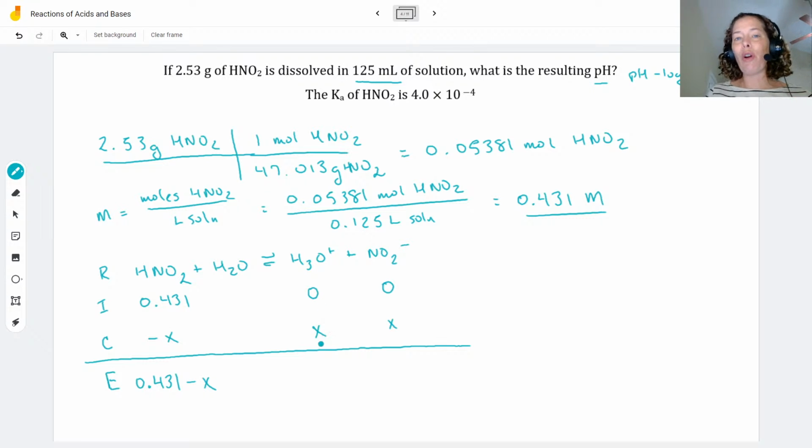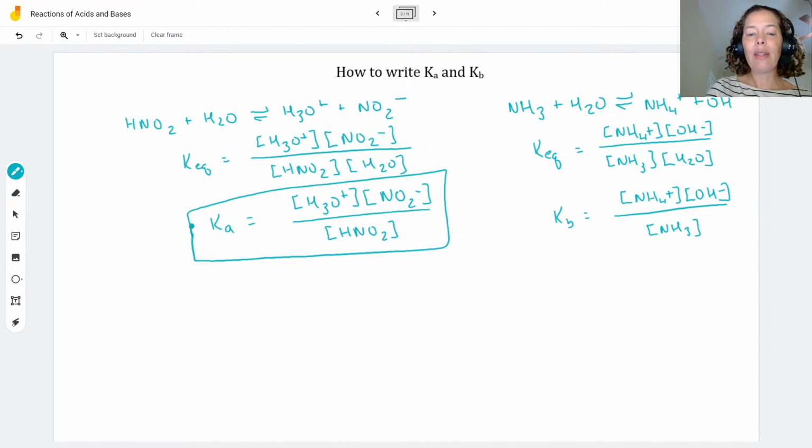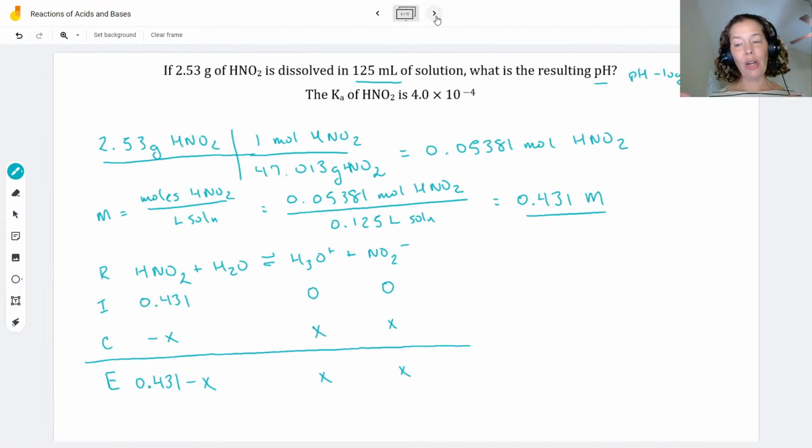Of course, 0 plus X is just X, and 0 plus X is X. Again, if you want to make it more clear, you can write 0 plus X. It's totally fine. Okay, these are our equilibrium concentrations, which means I can plug them into this expression right here. Yes, we still have X in there. Don't worry, we're going to get to that. It's all going to work out.